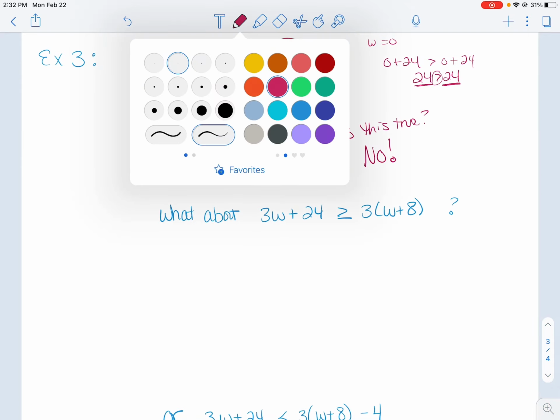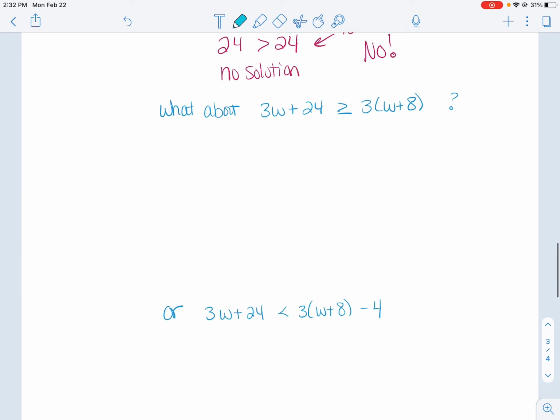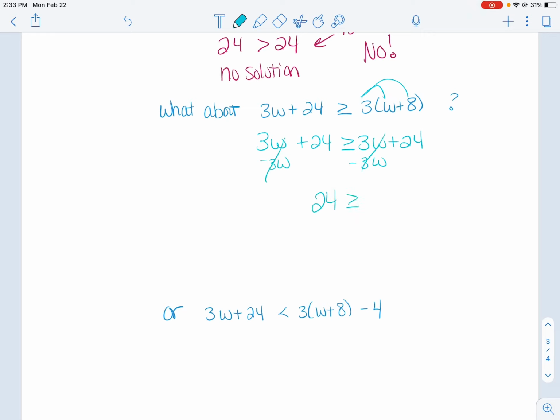Let's see how that changes when we have 3w plus 24 is greater than or equal to 3w plus 8. Well, again, here I go with my distributing. So 3w plus 24 is greater than or equal to 3w plus 24. If I subtract 3w, just like we did, we get 24 is greater than or equal to 24.